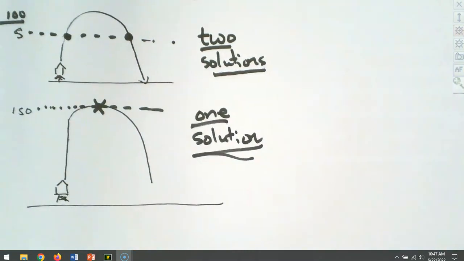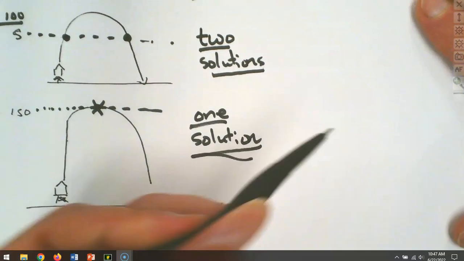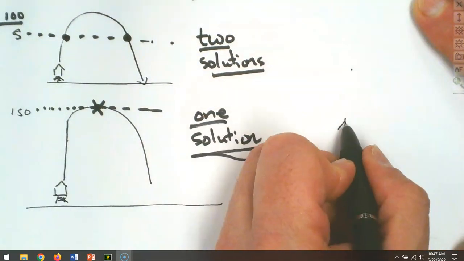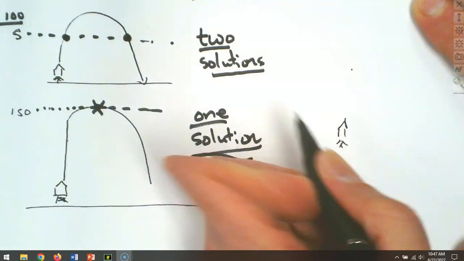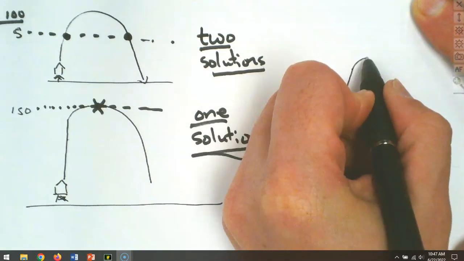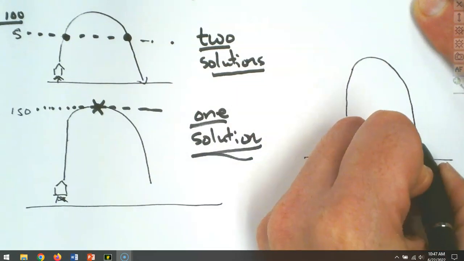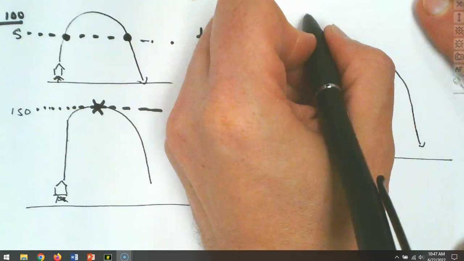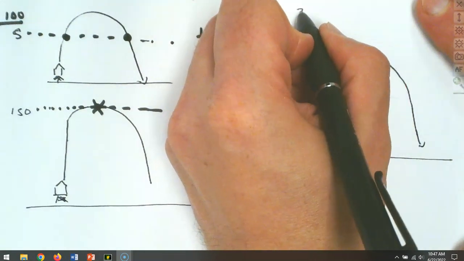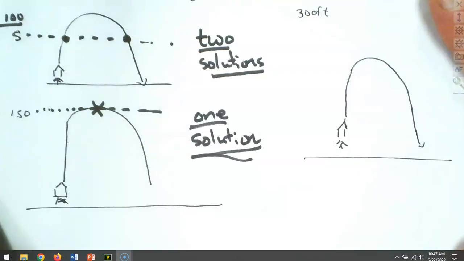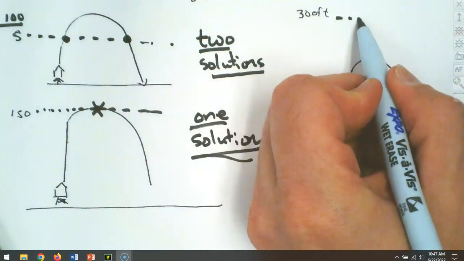And the last one that could happen is you could have no solution. Well, how could you have no solution? You can have a rocket, again, going up in the air. But you can ask yourself, how long would it take for this rocket to, let's say, reach 300 feet? Well, 300 feet is above, right?